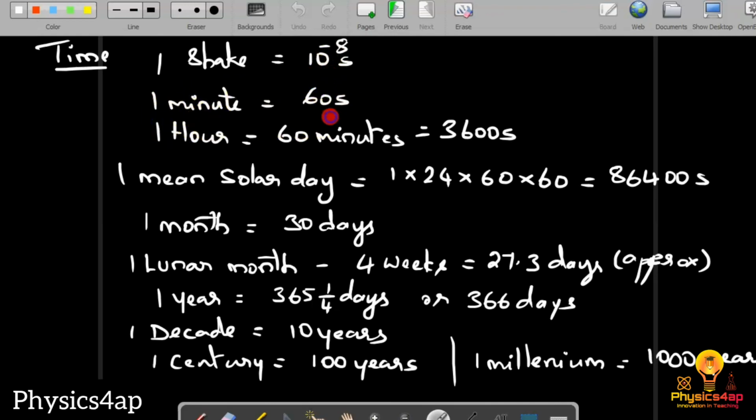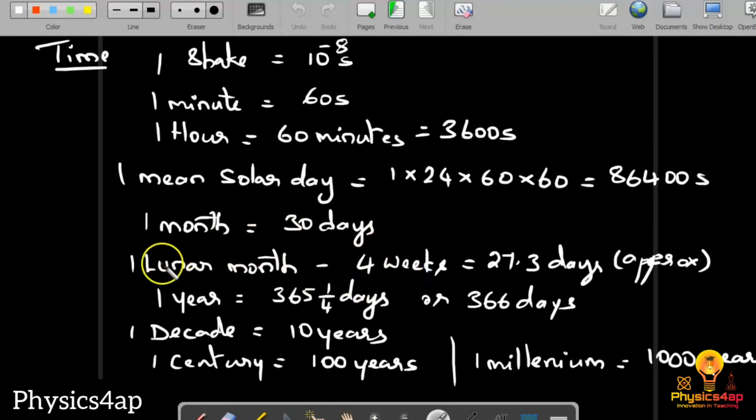So 1 minute is equal to 60 seconds. We already know that. 1 hour equals 60 minutes or 3600 seconds. 1 day is 1 into 24 hours into 60 minutes into 60 seconds, so total 86,400 seconds. And 1 month is equal to 30 days. This may vary for months like January, February, March, because they have 31, 28 and 30 days. 1 lunar month is equal to 4 weeks.